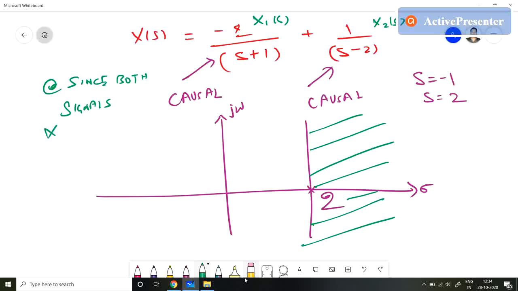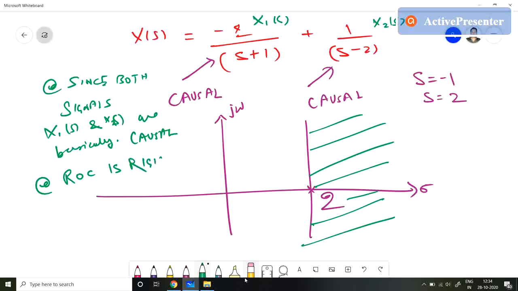Since both signals, the Laplace transforms x1(s) and x2(s), are basically causal, it means that the ROC is to the right of the rightmost pole. It means in this case also.